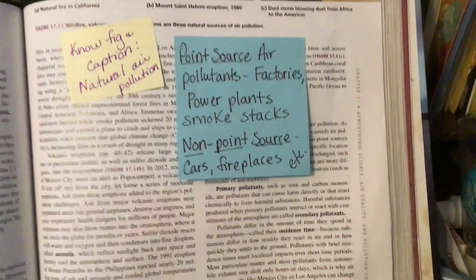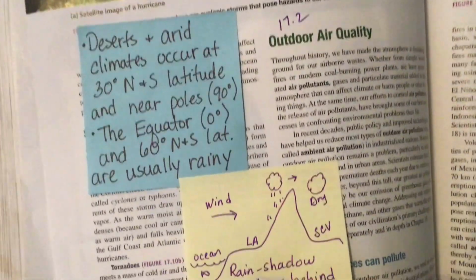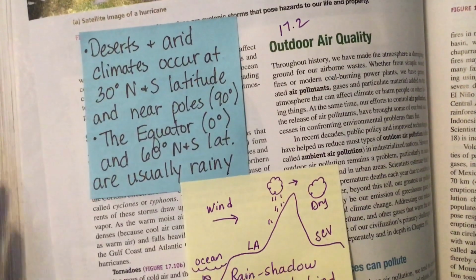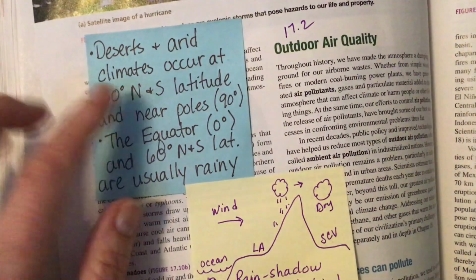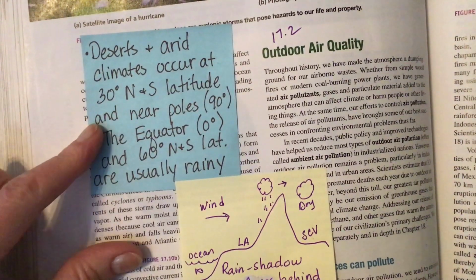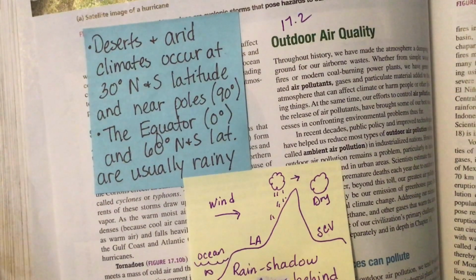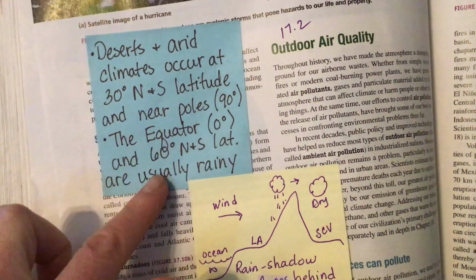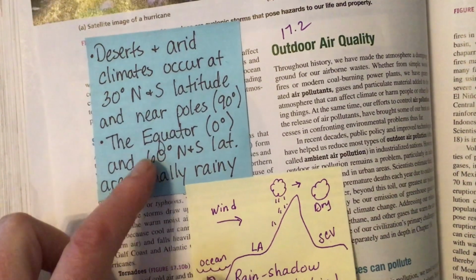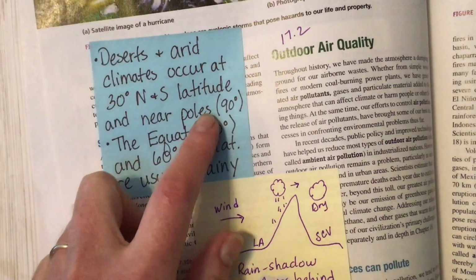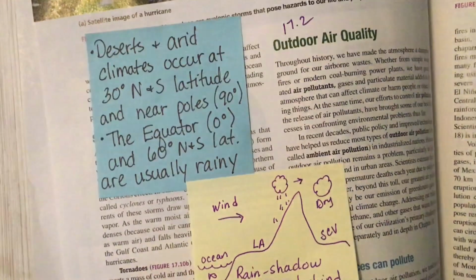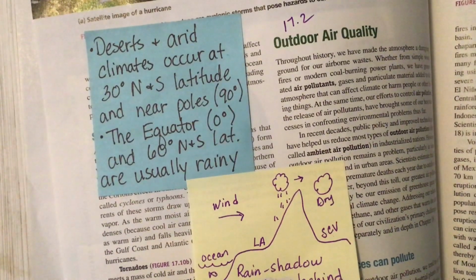All right, on 456, you also need to understand that deserts and arid climates like ours occur at 30 degrees north and south latitude and near the poles because of this convection process. 60 is usually rainy. So the poles we've talked about way back in chapter 4 when we talked about biomes.